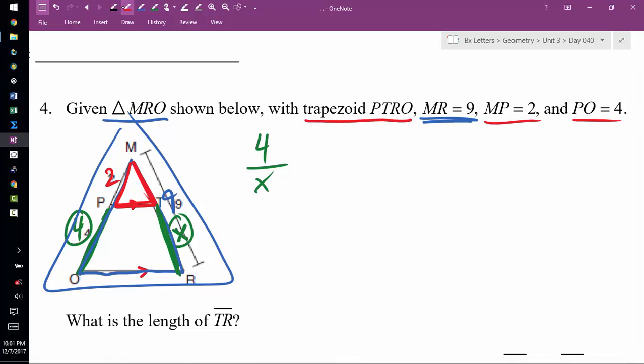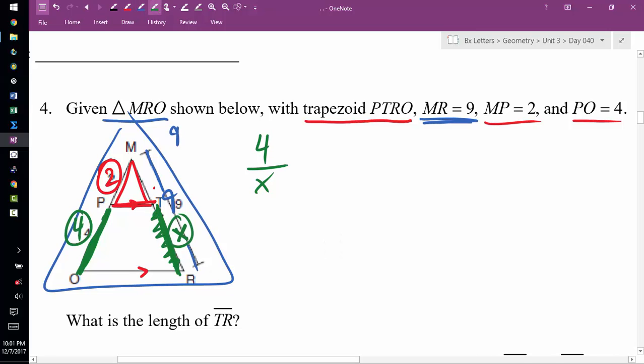And I can do the same thing with my red triangle. This piece up here is going to correspond to this piece right there. Well, I don't have that piece right there. So the way I would figure it out is I would do the entire length, 9, and take away this piece here.